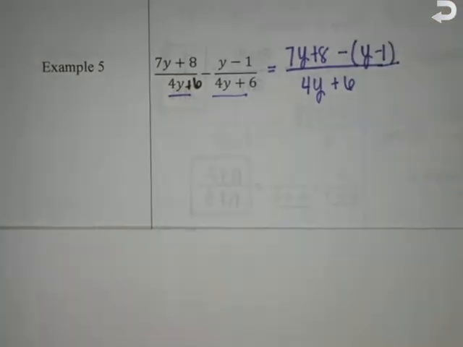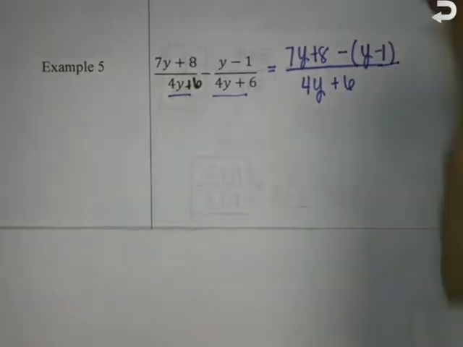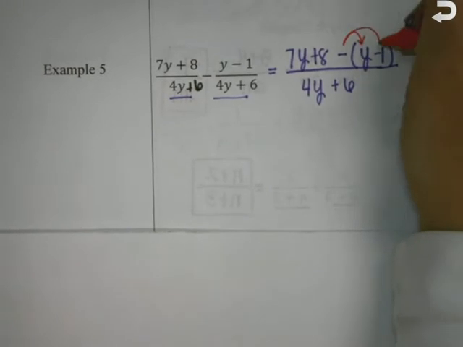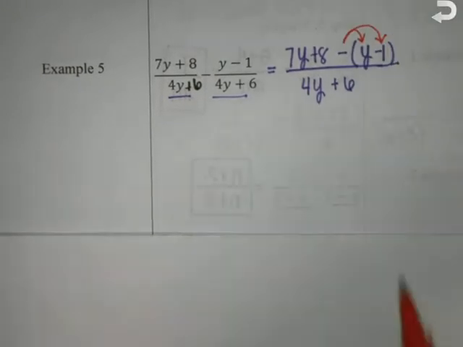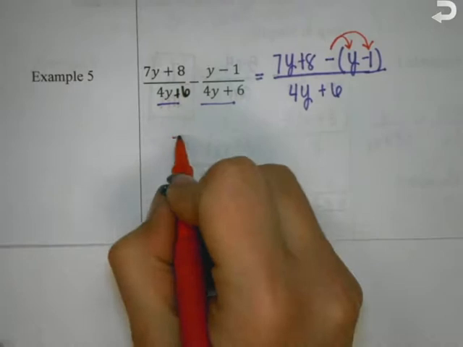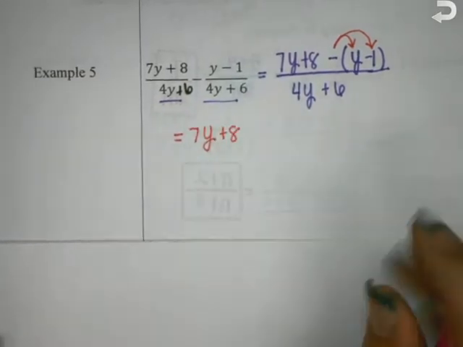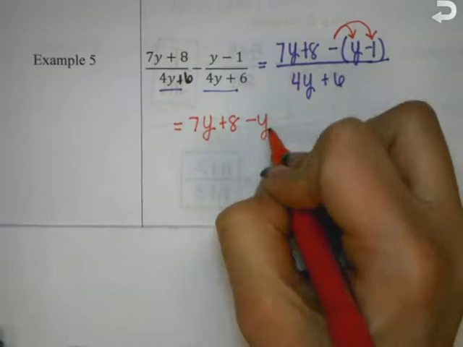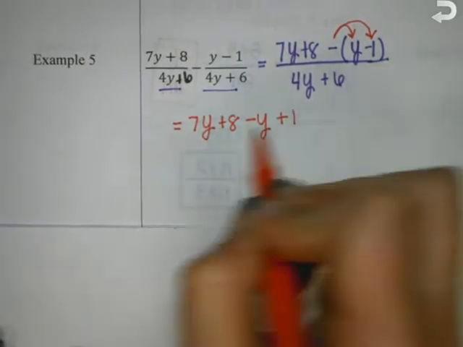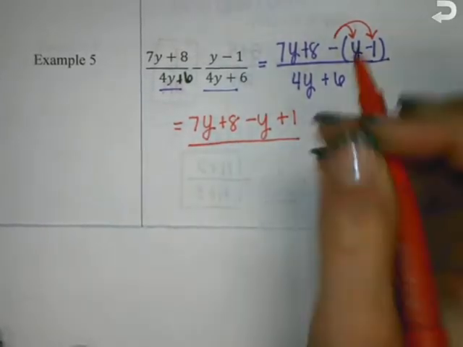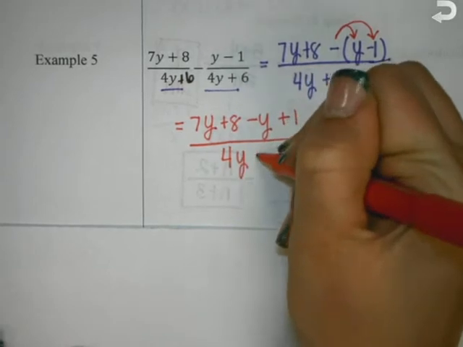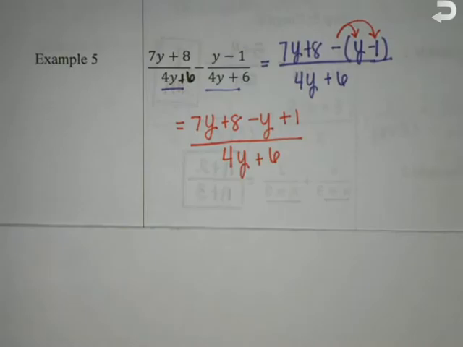So I would have 7y plus 8 minus y plus 1, all of that over 4y plus 6. Now, is my numerator simplified?